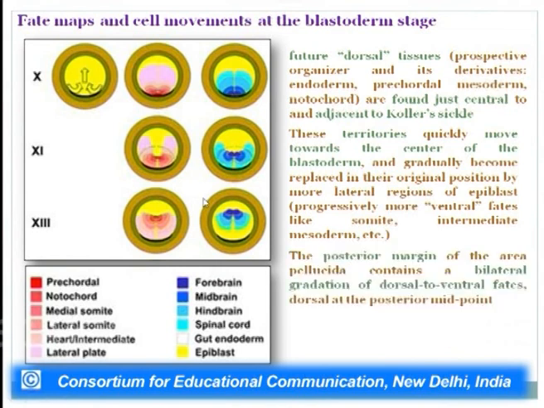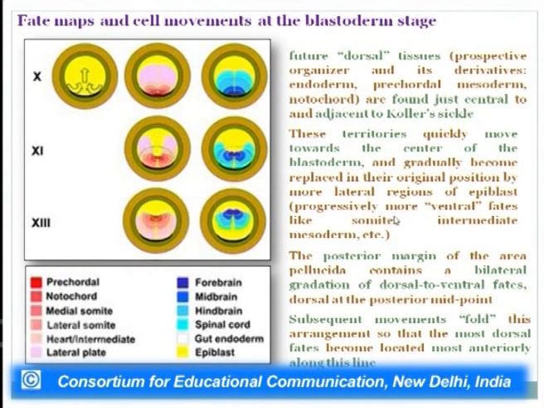The posterior margin of the area pellucida contains a bilateral gradation of dorsal to ventral fates, dorsal at the posterior midpoint. So, this is basically the most dorsal region, and then when they start migrating, it's kind of a dorsoventral axis which will be formed. The subsequent movements fold this arrangement so that the most dorsal fates become located most anteriorly along this line.